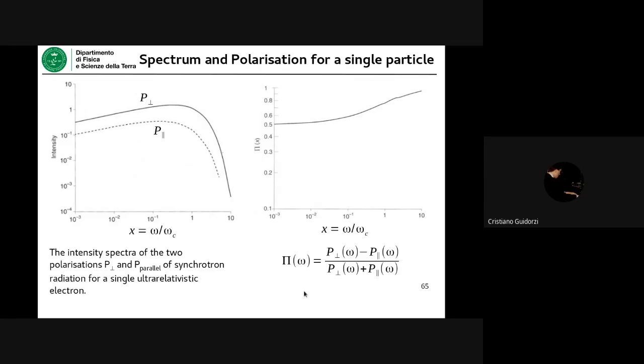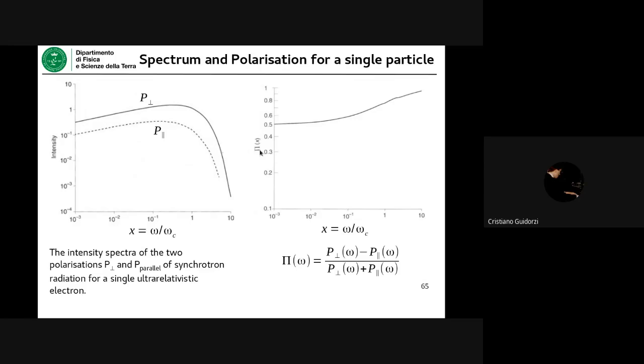So this is equivalent to the definition of linear polarization degree that we defined at the time, with capital Pi as a function of frequency, because the two intensities are functions of frequency.